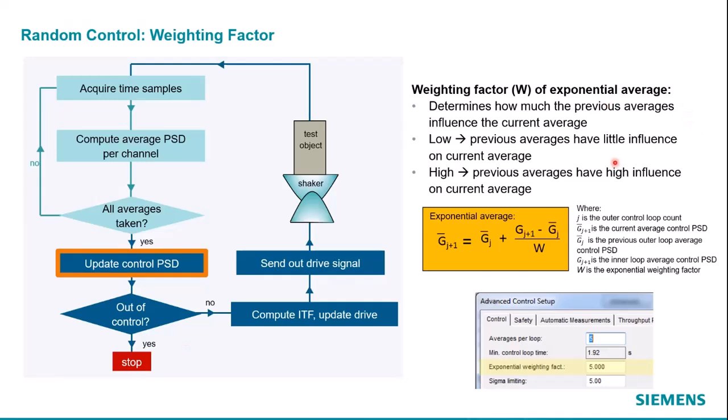The exponential weighting factor weights the averages in the previous averaging, and if you have a low weighting factor, then the previous averages have little influence on the current average, whereas with a high average weighting factor, the previous averages have higher influence on the current average, and the equation for exponential averaging is given here with this weighting factor shown here.